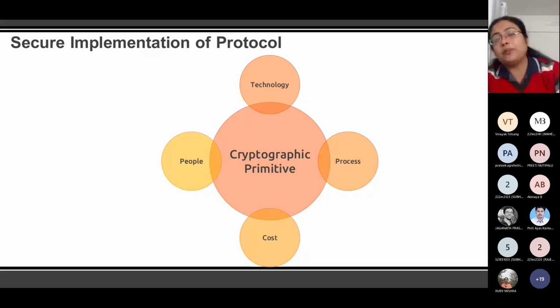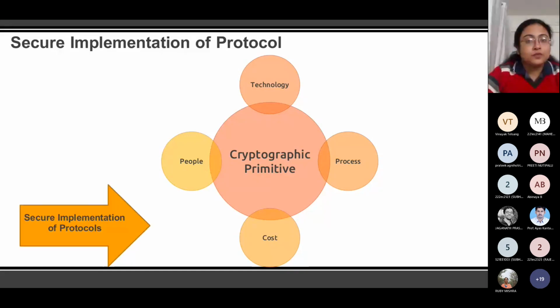Cost is always a big factor for the manufacturers. And last but not the least, the people who are going to use this product, how much are they aware of the security assumptions.